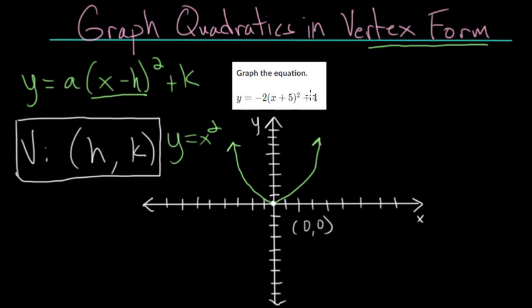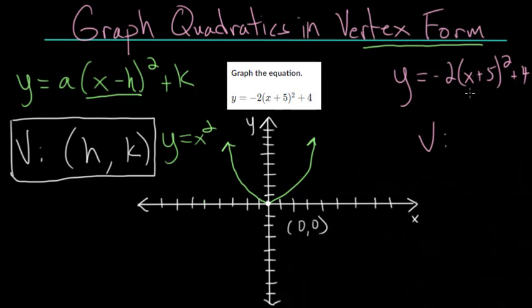So let's again look at this equation. y equals minus 2 times x plus 5 squared plus 4. And so comparing it to our vertex form, you want to think how much did you go up and down and how much did you go left and right compared to this parent function. And so in this case, our vertex looks like minus 5 would make this equal to 0.